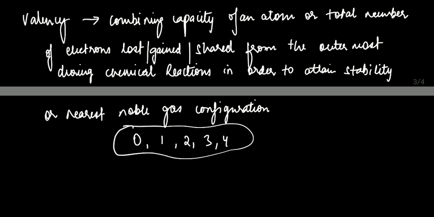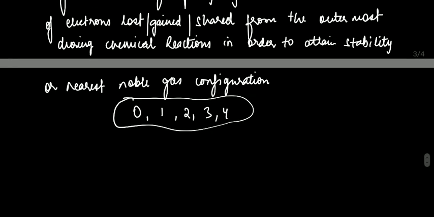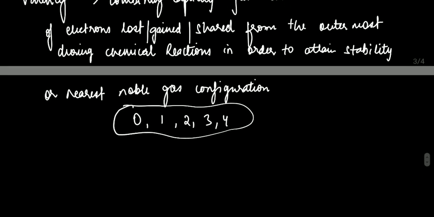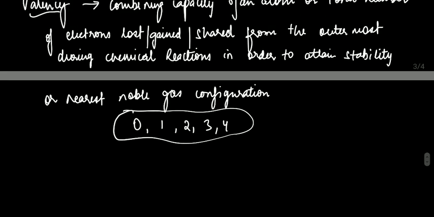Apart from that, we always use the term plus minus charge. I call it a very simple generic term. We also have the concept of oxidation number, which we'll study in redox reactions. But just remember, valency is a combining capacity. We are never going to put charge along with the valency. It's always going to be a whole number and always these five numbers.